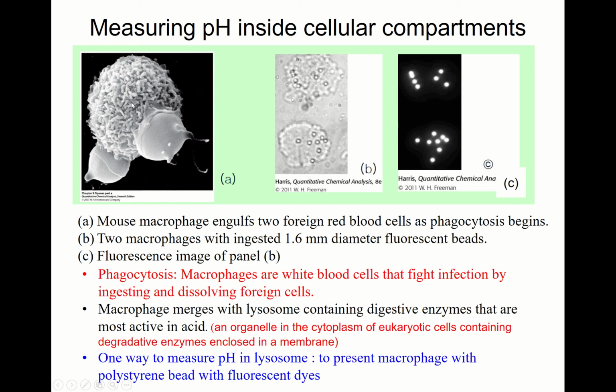One way is to use fluorescence. To measure pH in the lysosome, we present the macrophage with polystyrene beads with fluorescent dyes. These small spheres are made of polystyrene bead with fluorescent dyes.